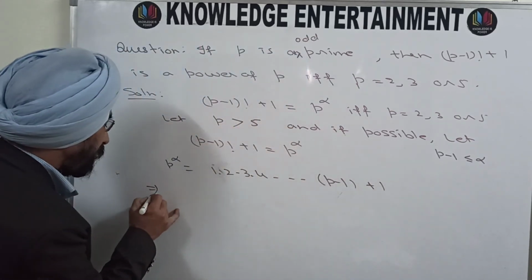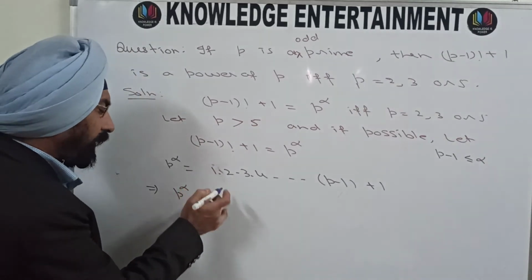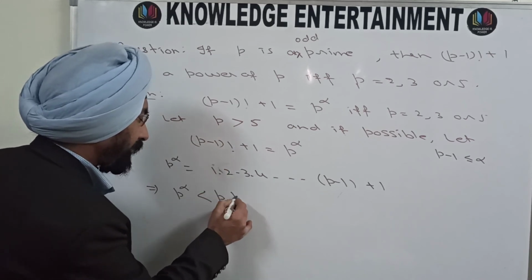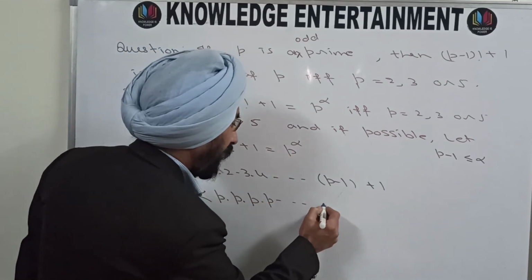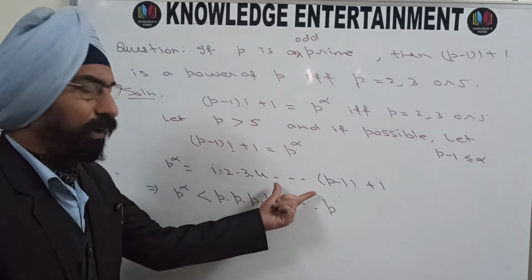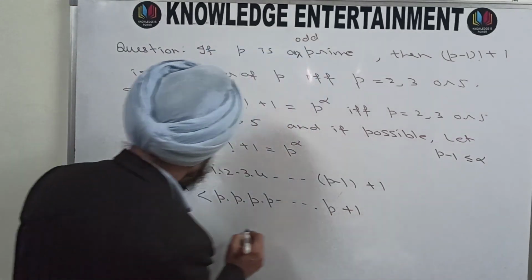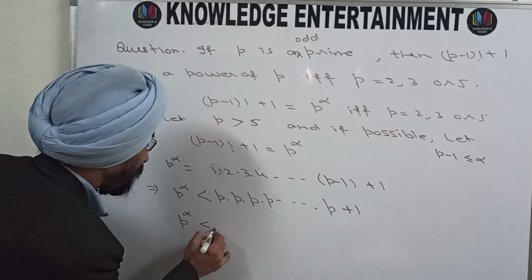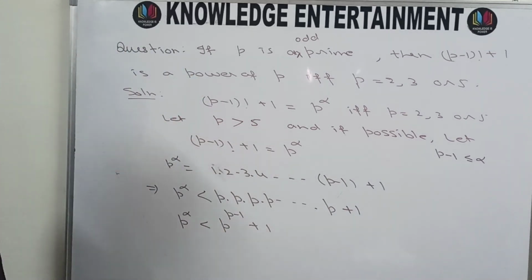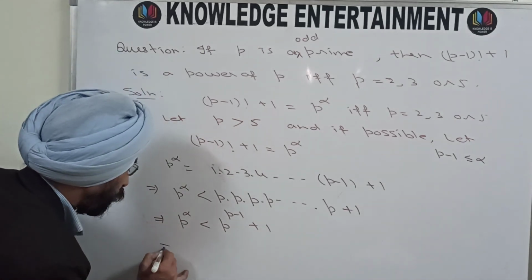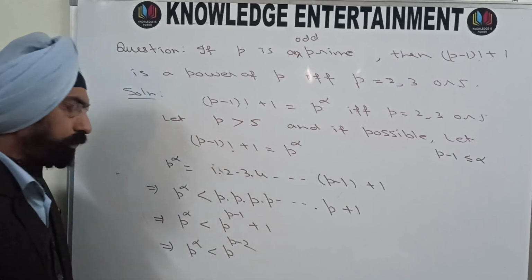So this means your P power alpha is definitely less than, because this 1 is less than P, this 2 is less than P, this 3 is less than P, and so on. How many P's will you have? The number of terms is P minus 1, so P minus 1 P's will be there, and plus 1. So that means P power alpha is less than P raised to the power P minus 1 plus 1. And definitely it means your P power alpha is less than P raised to the power P minus 2.